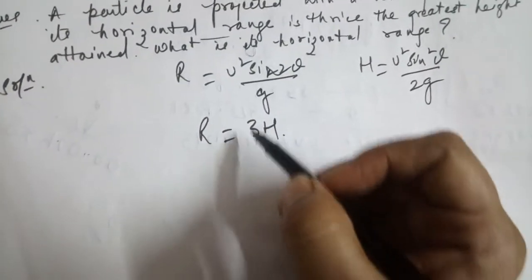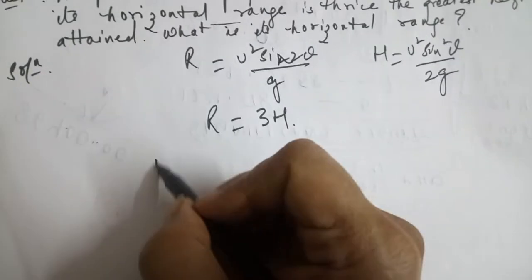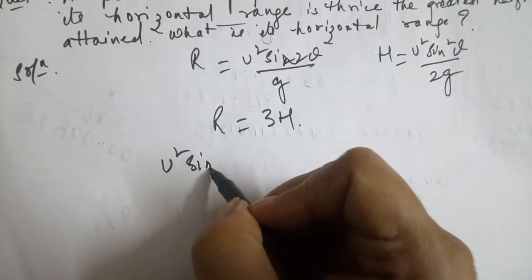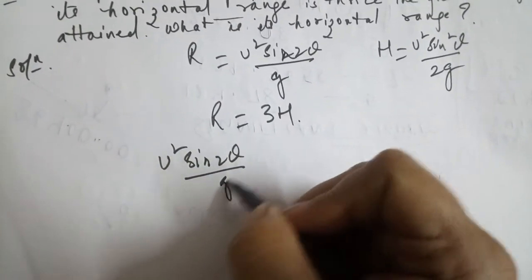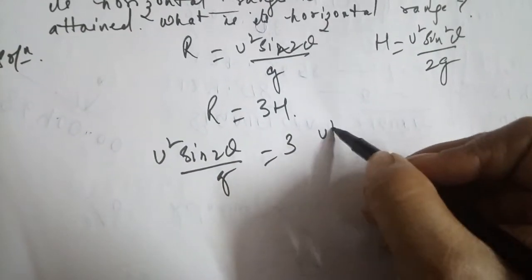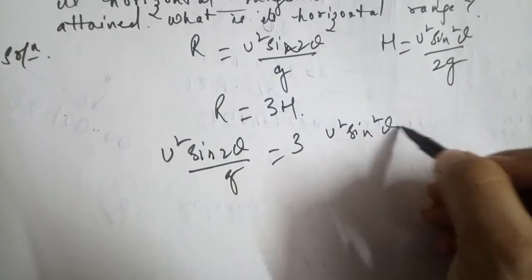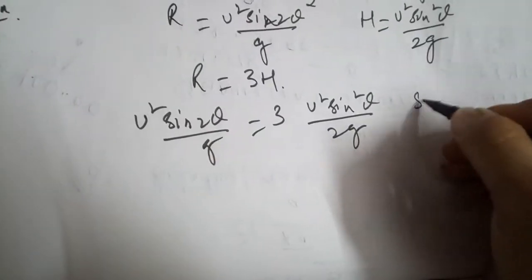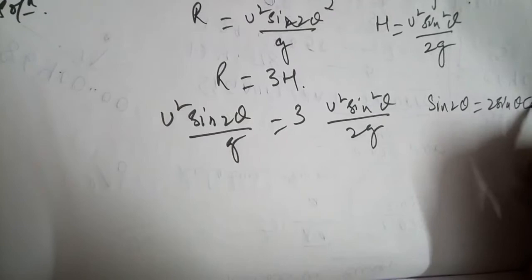Now let us substitute the values. It is u square sine 2 theta by g is equal to thrice of u square sine square theta by 2g. u is the initial velocity, theta is the angle. Now we all know that sine 2 theta is equal to 2 sine theta cos theta.